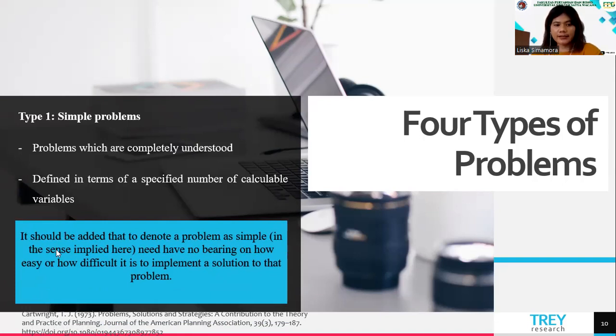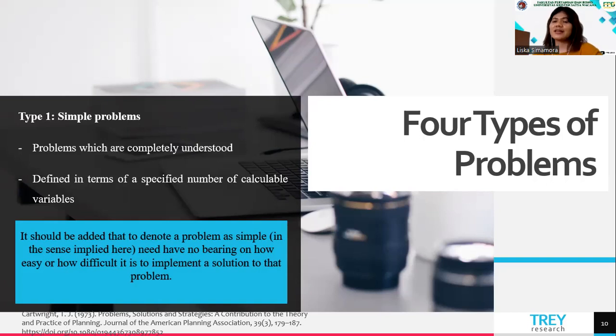It should be added that to denote a problem as simple need have no bearing on how easy or how difficult it is to implement a solution to that problem. It means that we don't have to define a simple problem as something that can be solved by implementing a simple solution. Some simple problems can also be solved with complex solutions.